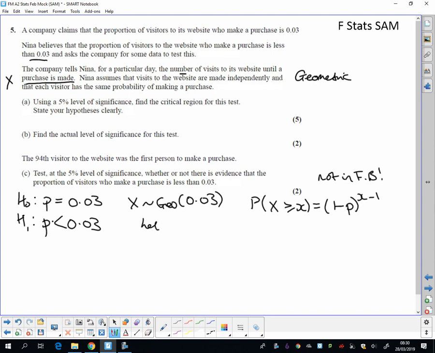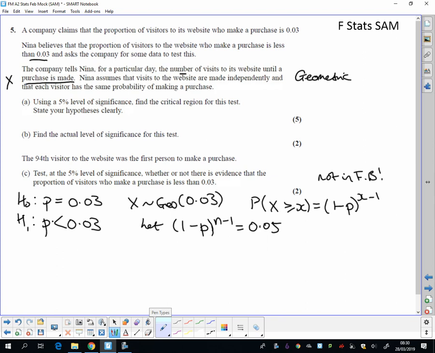Okay, so we want a 5% level of significance. So I'm going to let (1 - p)^(x - 1) equal 0.05. You could do this as an inequality, so you'd say it's got to be less than 0.05, but I find it easier to make it equal to, find the value for our x, and then I'm just going to change that to n, which is what I'm finding.